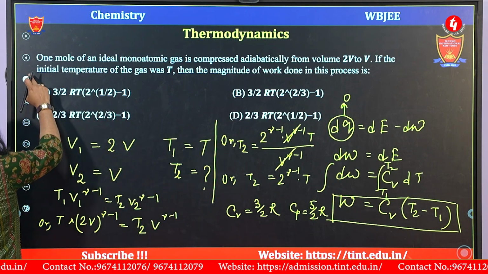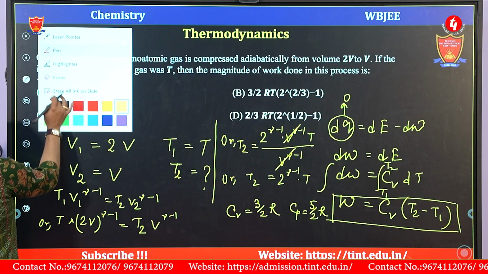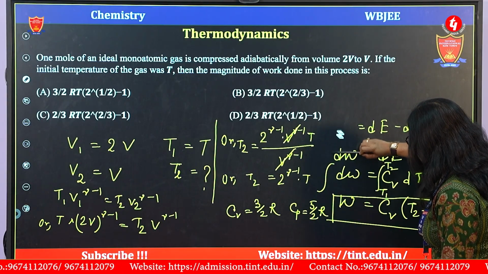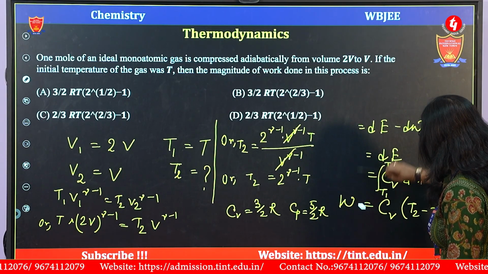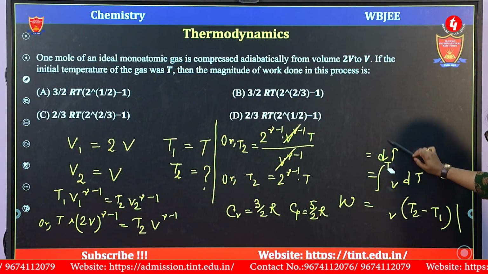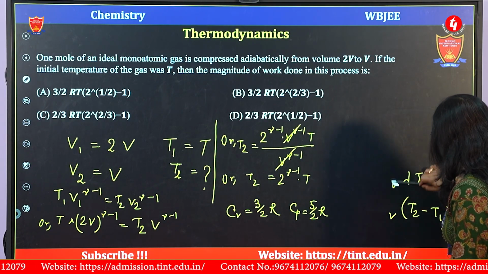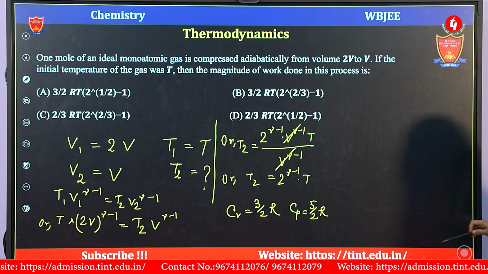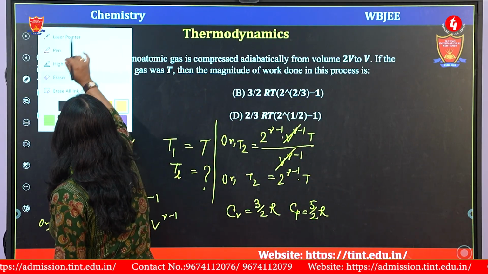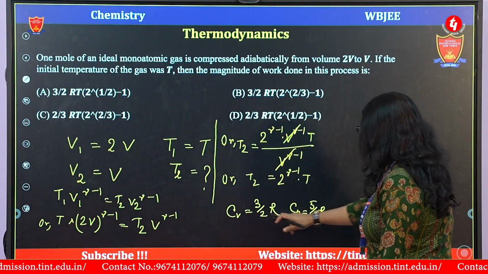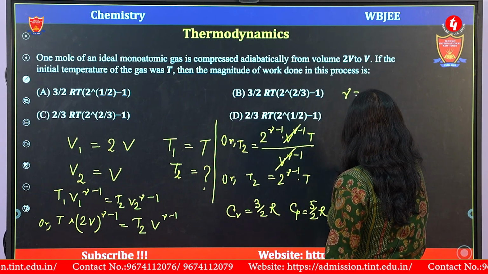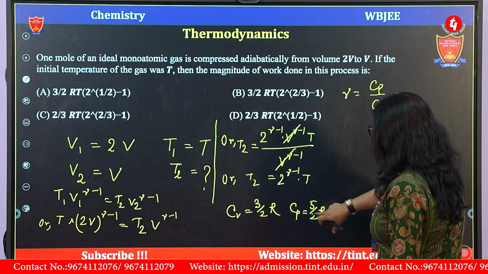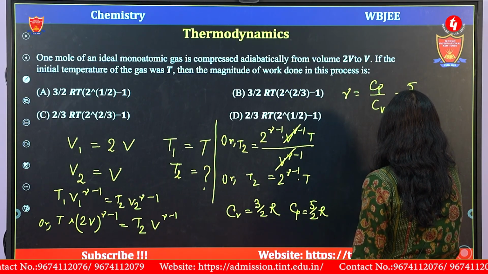So gamma, which is equal to Cp by Cv, is 5 by 2 R divided by 3 by 2 R, that is 5 by 3.